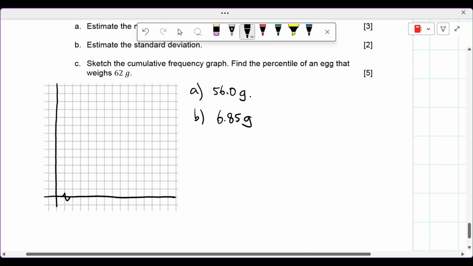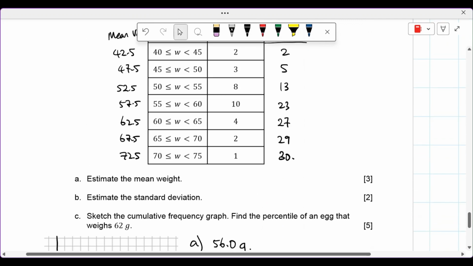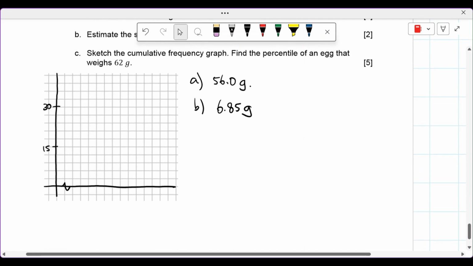We want to go all the way to 30, so let's say each of them is going to be a 5. For the x-axis, I want to go from 40 to 75 with 5 grams of increments, starting from 40, 45, 50, 55, 60, 65, 70, 75.